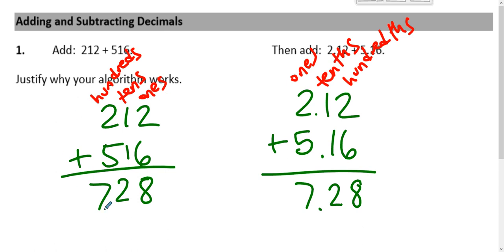So for the same reasons that this algorithm worked, this algorithm works. This algorithm is based on place value. There is no difference at all between why this works and why this works.